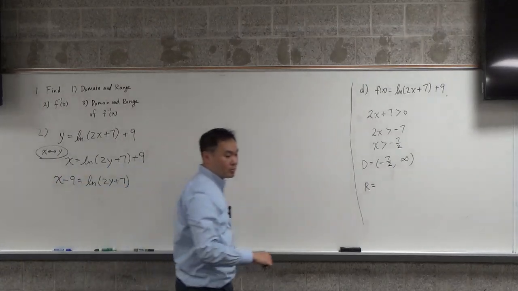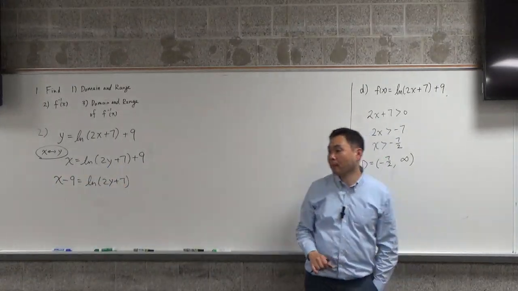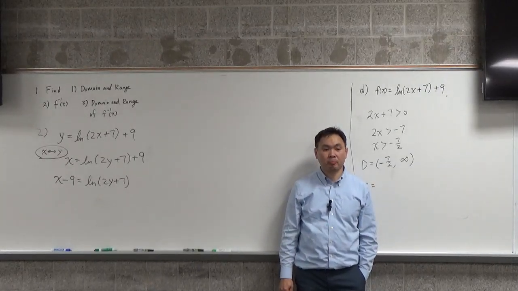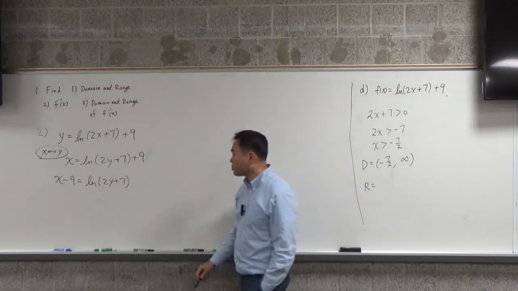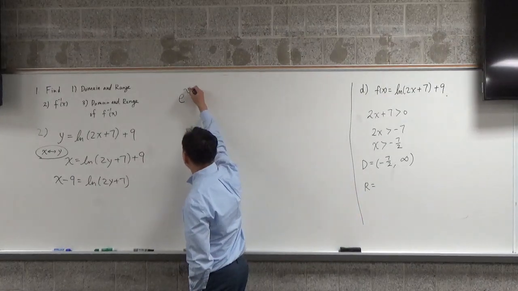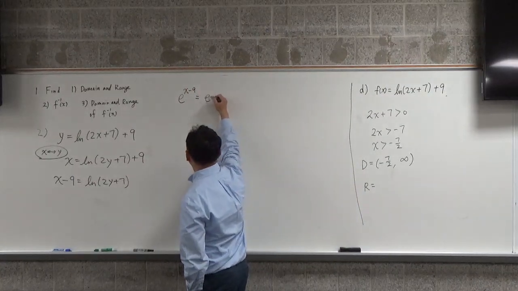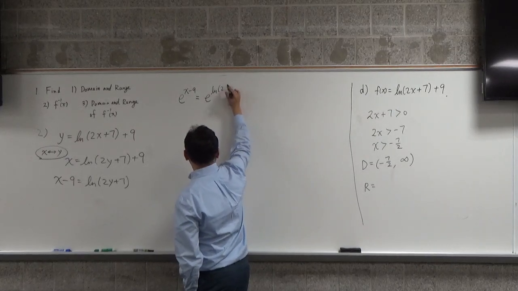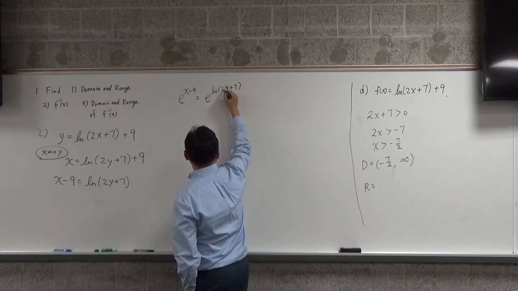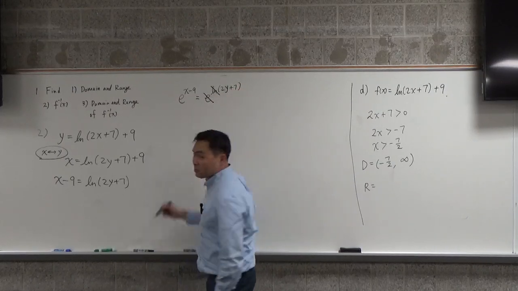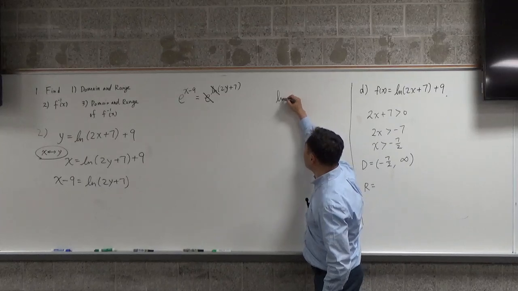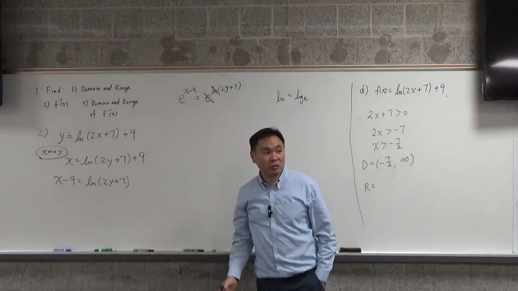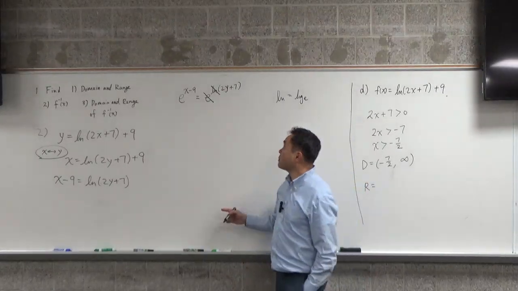Tell me. Yes, raise both sides to the base of e. Because then e and ln cancel. Remember, ln means log base e. So it's going to cancel with the power of e.